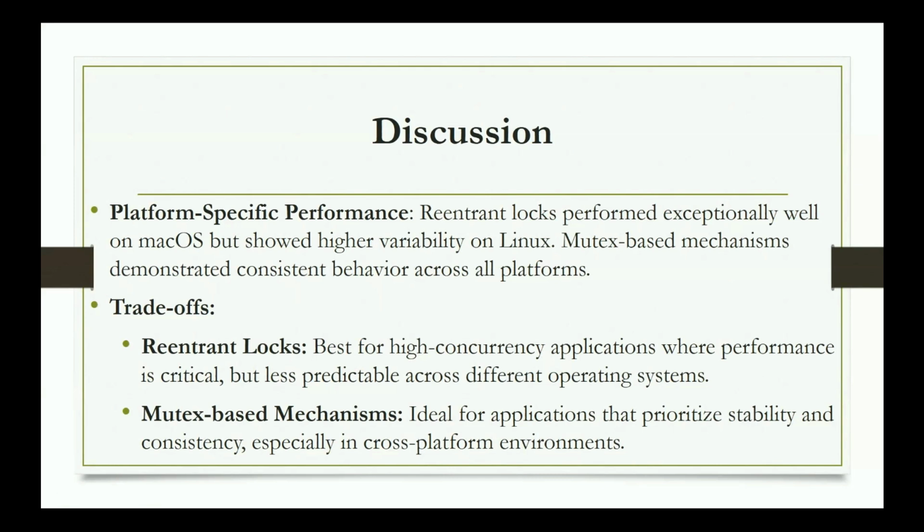But developers should consider that it's not as predictable across different operating systems. The mutex-based mechanisms, which are synchronized block and synchronized methods, are ideal for applications that prioritize stability and consistency, especially in cross-platform environments.